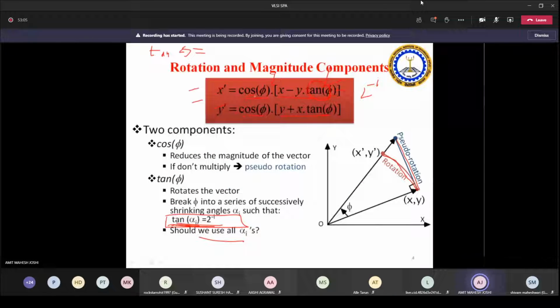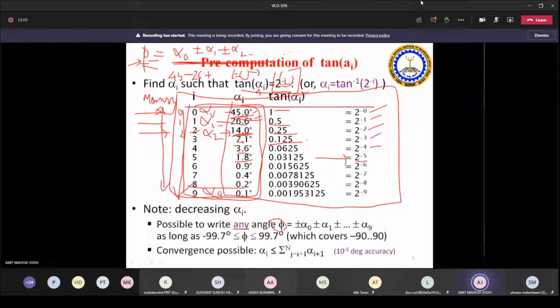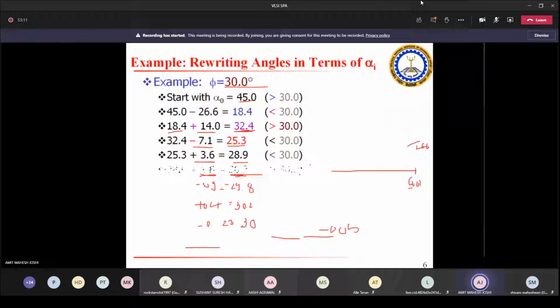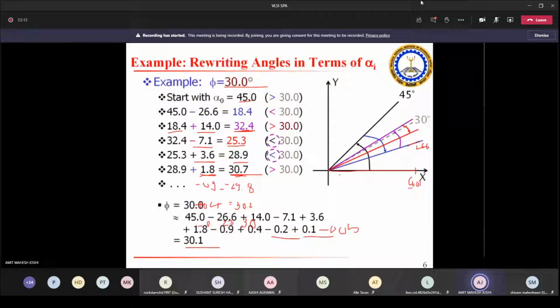Okay, now another trick that you can do: instead of starting with 1 0, can I start with this K value? So when I start with this K value, which is 0.637, then also ultimately I have multiplied with this particular x, because whenever I find out the next x dash and y dash, at that time this K will always be multiplied, and that could also be taken care of.